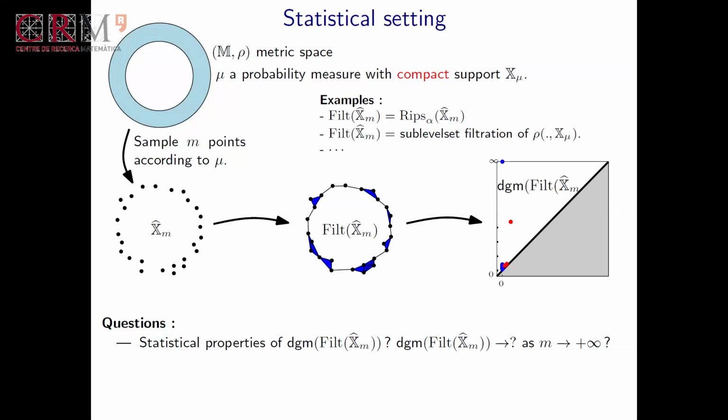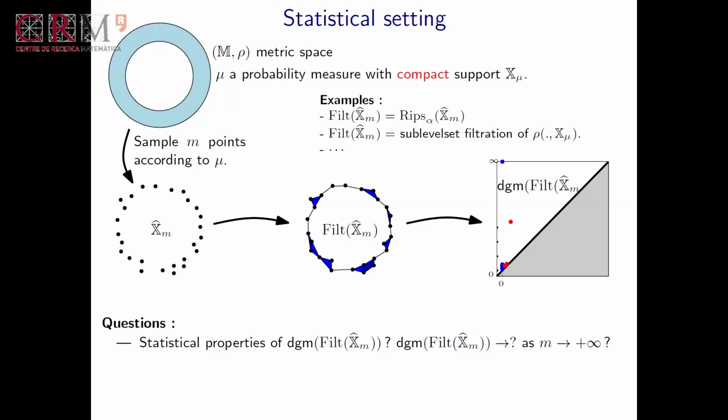The natural question we can ask in this framework is: what happens when m goes to infinity? When I'm sampling more and more points, what happens for the diagram or the filtration built on top of my m points? That's the question I want to answer. Is it clear? Okay.